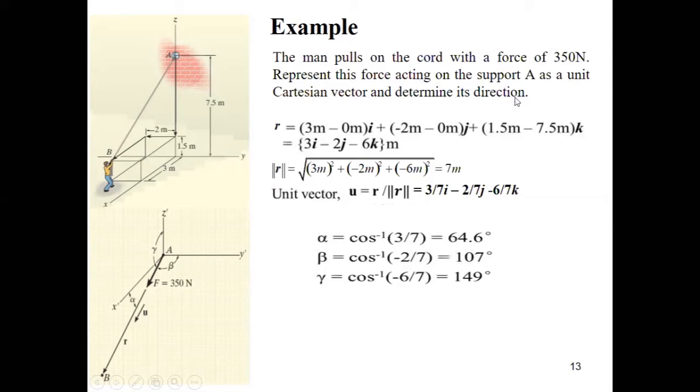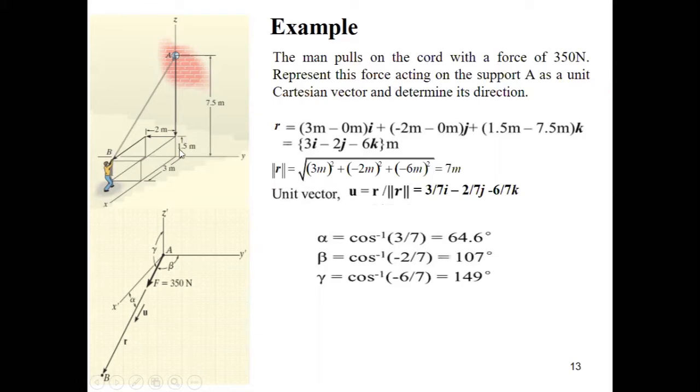So what is the position vector R? Points A and B. From inspection, we can find that B has x equal to 3, y equal to negative 2, because this side is negative, and the distance is 1.5.